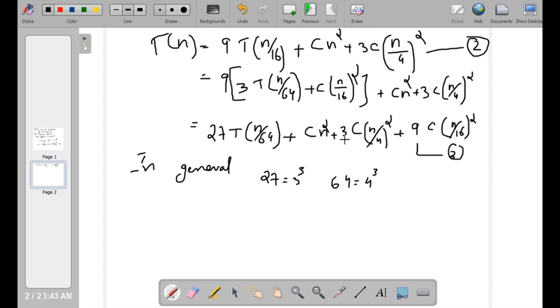And here you can see cn², 3c(n/4) square, and here it is 9. So 9 is nothing but 3 raised to 2. Here I can write 3 raised to 1. So this part in every equation is a summation. We can write it as sigma.